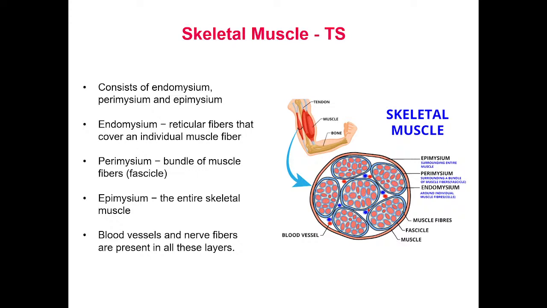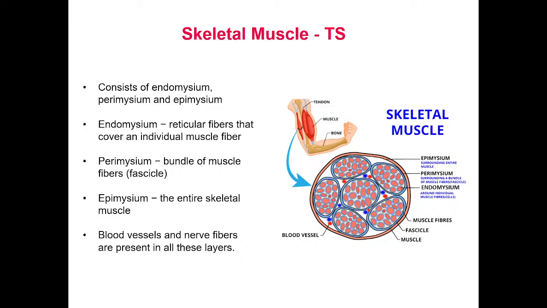Now, the entire muscle is covered by a covering called epimysium. This epimysium, this connective tissue, sends septa inside, and these septa cover the muscle fascicles together. That covering of connective tissue which is covering the fasciculus is what?